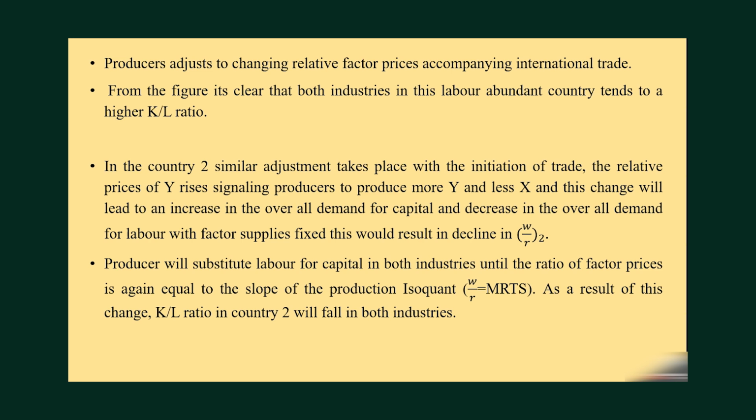Mind you, country 2 was a capital abundant country, which was exporting good Y, which was a capital intensive product. With the opening of trade, the demand of good Y goes up in nation 2, and the producer responds by taking away factors of production from production of good X and putting them in production of good Y. Again, the price of capital will go up in nation 2 and the relative return of labor will fall.